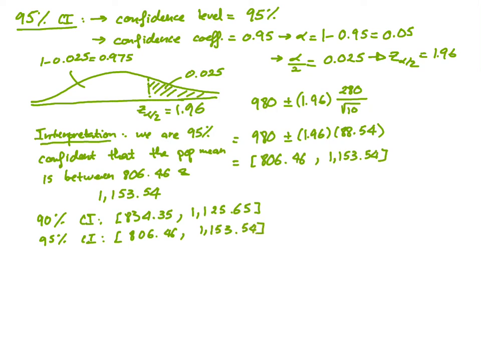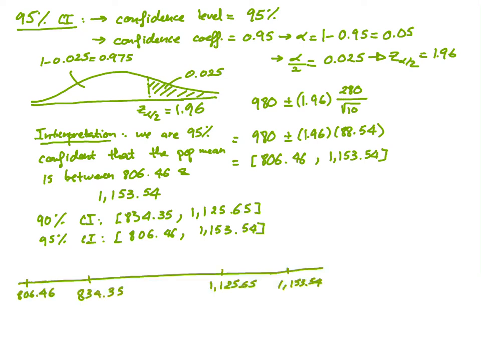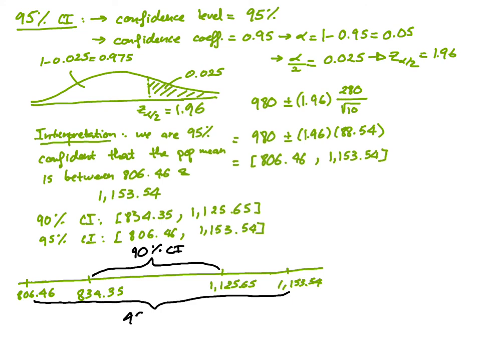If you put these numbers on the number line, this is your 90% confidence interval, and this is your 95% confidence interval.